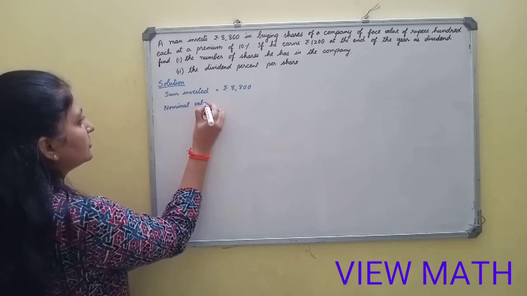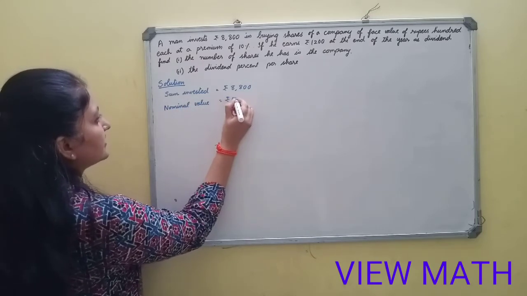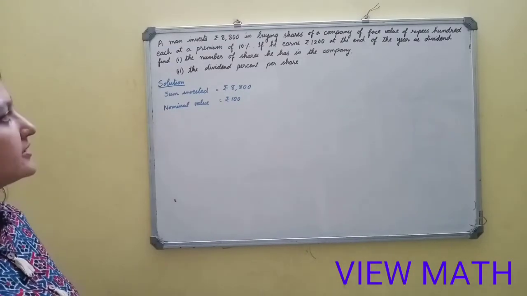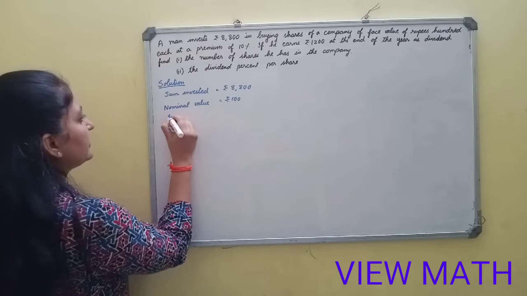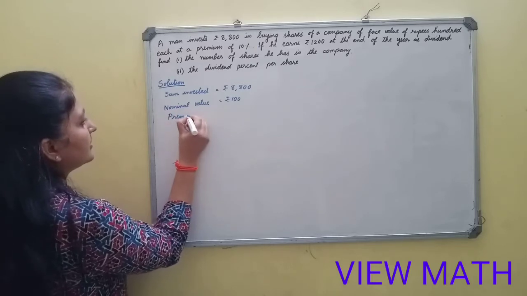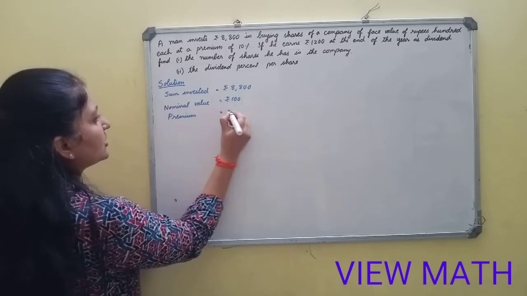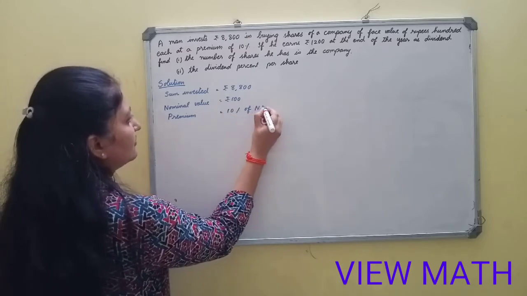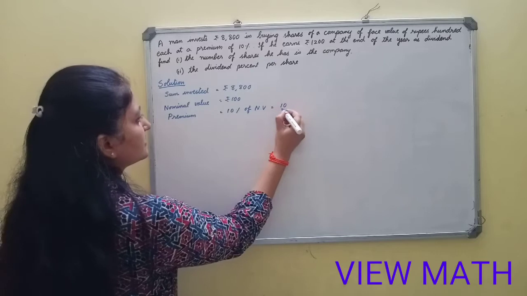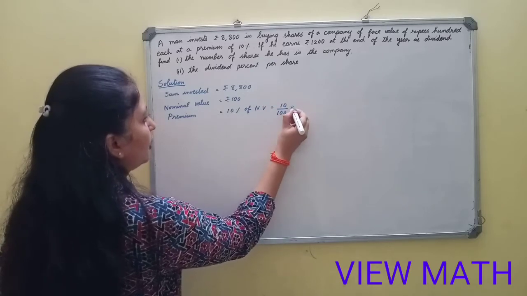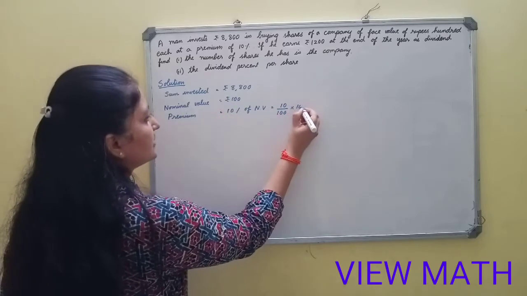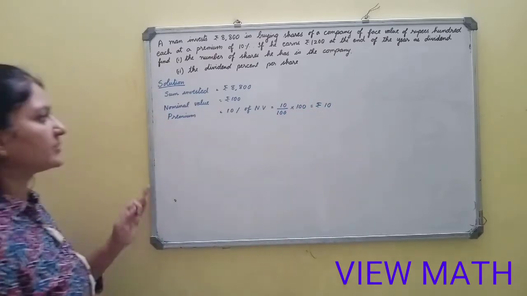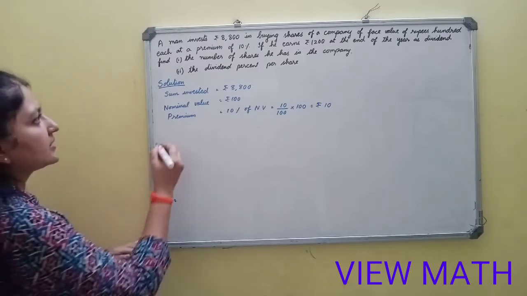Nominal value is equal to rupees 100. At a premium of 10%, that is 10% of nominal value. How to calculate this? 10 by 100 of nominal value is 100. So this is equal to rupees 10. So premium is rupees 10.